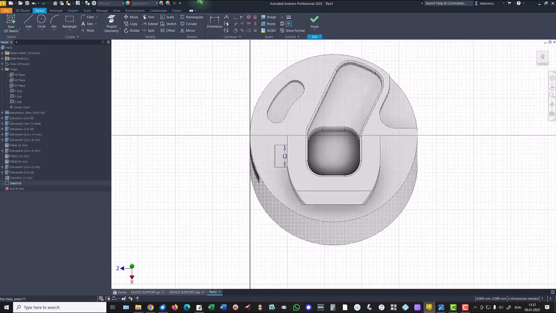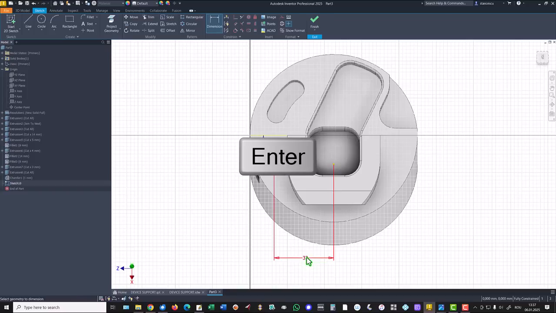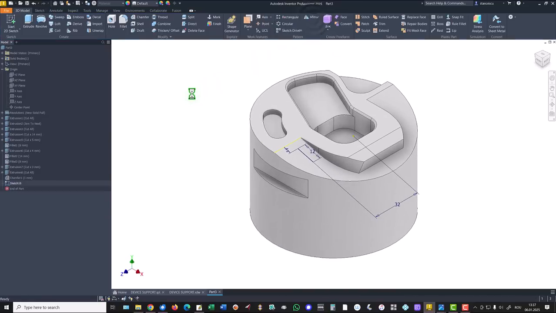This line is placed at a distance of 5 from this edge. 5. The distance to the center point is half of 64. 64 divided by 2. Now we have a fully constrained sketch.